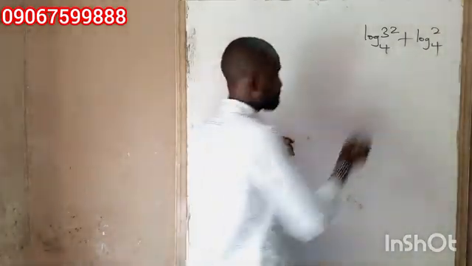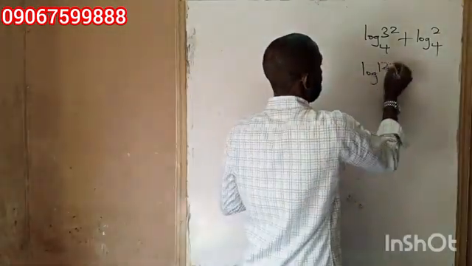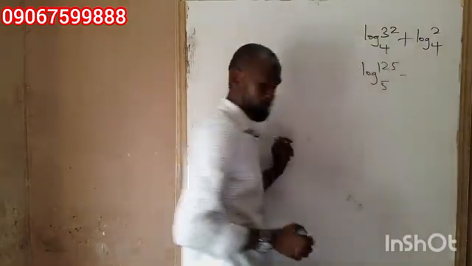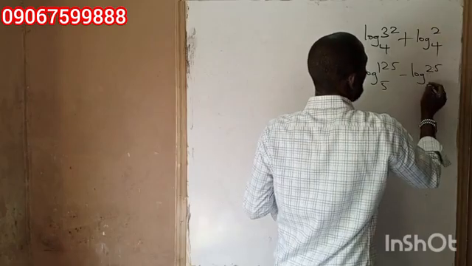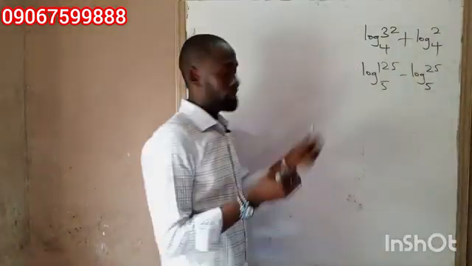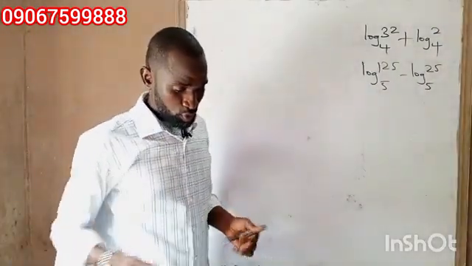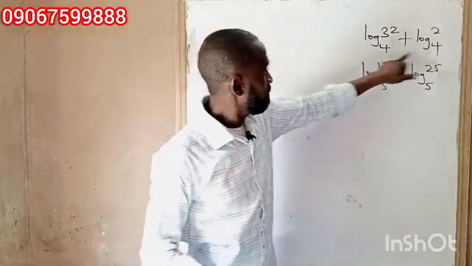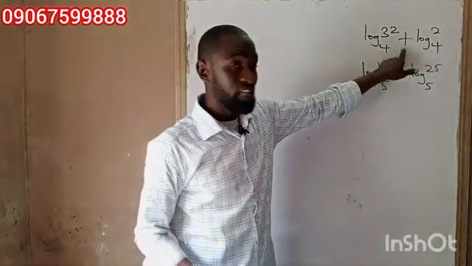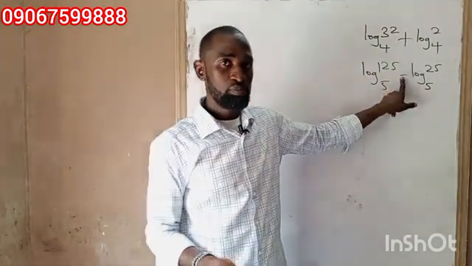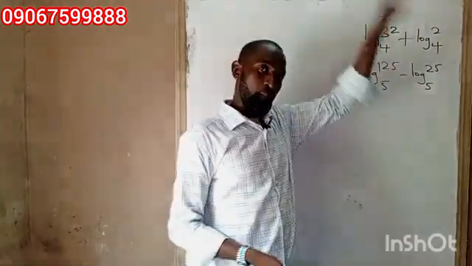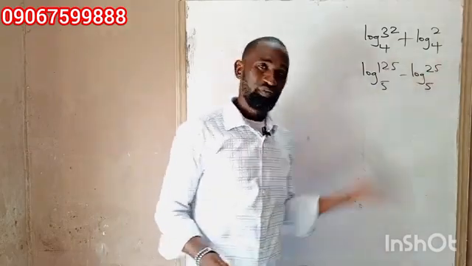The second one is log of 125 base 5 minus log of 25 base 5. You see, they have the same base, 4 and 4, and between them is addition. The same base, 5 and 5, and between them is subtraction. Addition will change to multiplication, and subtraction will change to division. It's as simple as that.